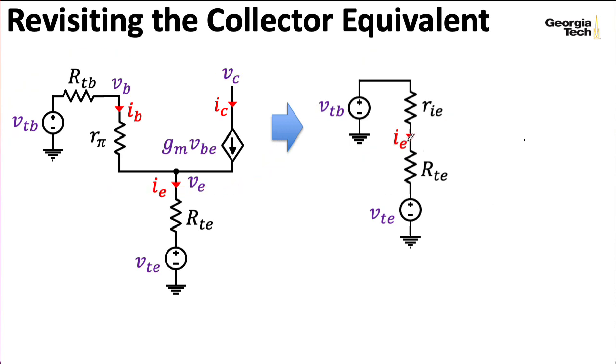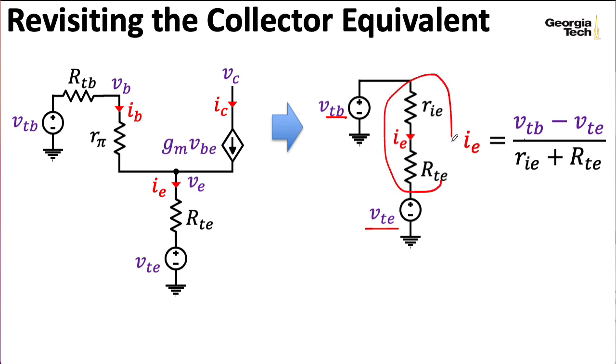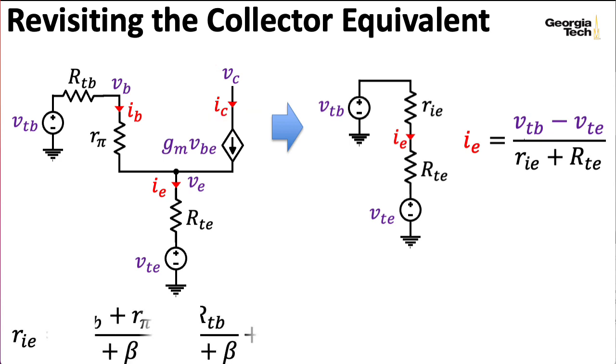Now I can easily find the emitter current as being the difference of these Thevenin voltages looking out of the various terminals. So I have my VTB and my VTE here, divided by this series resistance, RIE plus RTE. Now I'm thinking about a Norton equivalent for looking into the collector, so I really want things in terms of the collector current. And let me copy those formulas for RIE down here. Here we really want an expression in terms of IC because we're thinking about a Norton equivalent looking down into the collector.